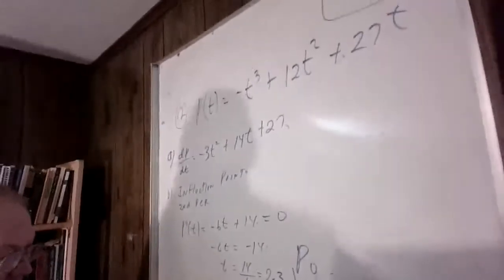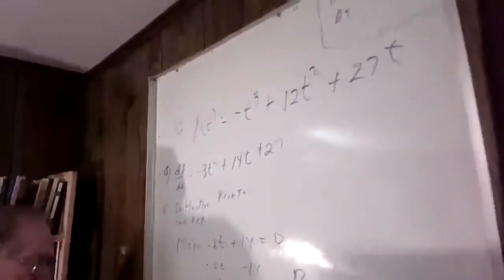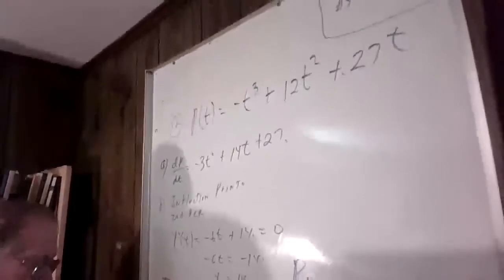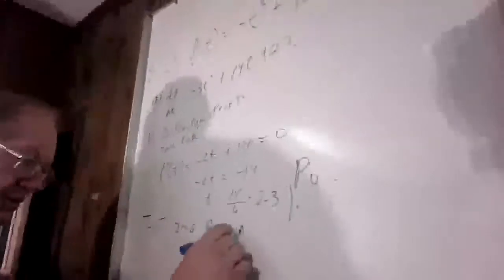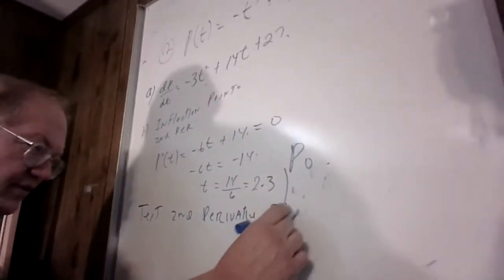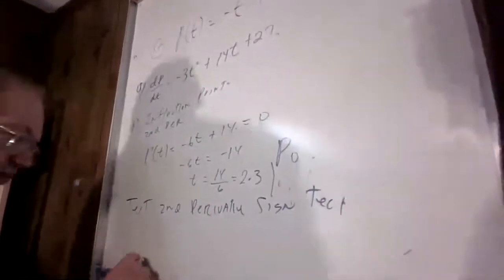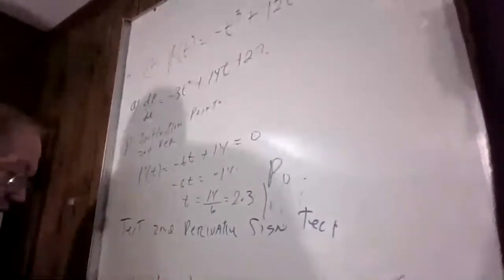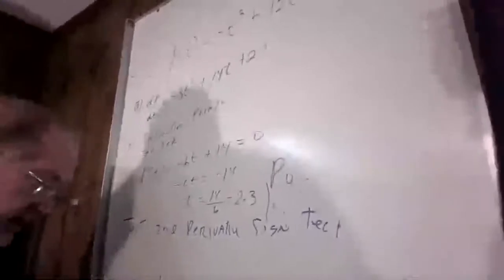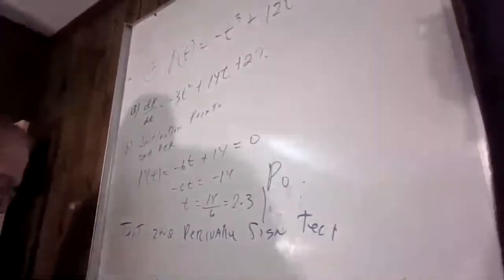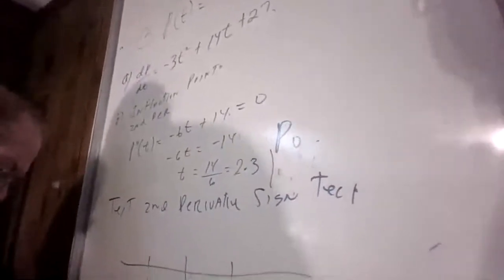Okay. So now, in order to find whether it is an inflection point, you have to test using the second derivative, a sign test. So you're going to put 2.3 here, and I would go with a 1 here and a 3 here. So let's take the second derivative with respect to 3 and the second derivative with respect to 1.